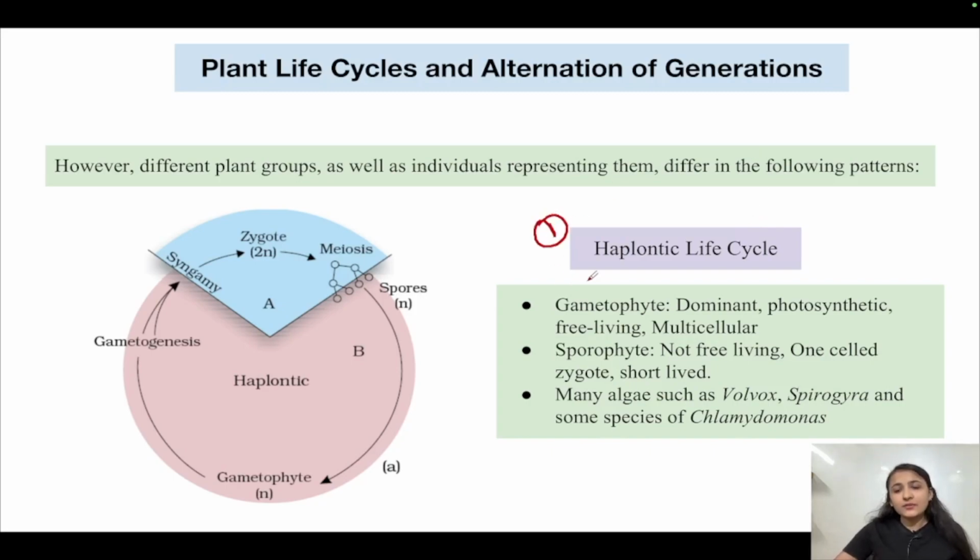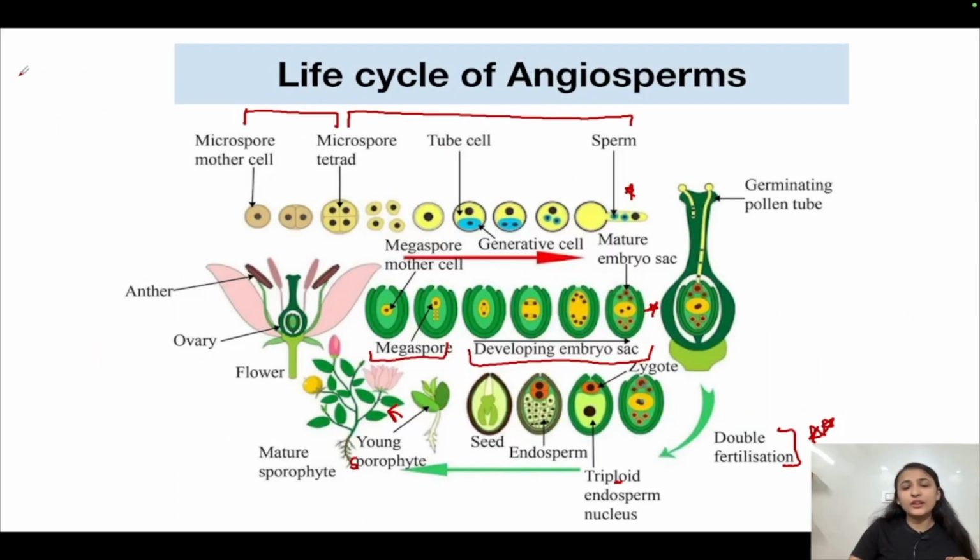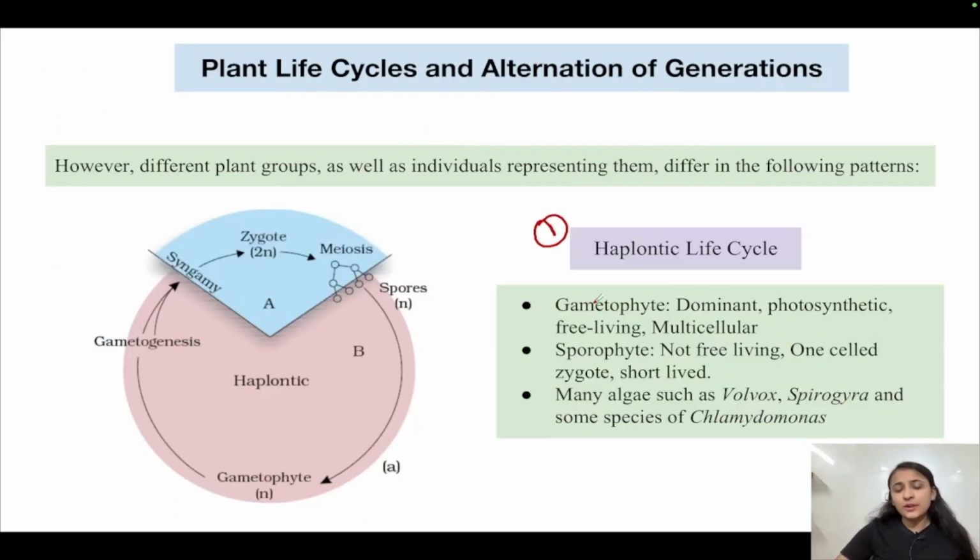The first pattern that we identified is the haplontic type of life cycle. In the haplontic type of life cycle, the gametophytic stage is the dominant stage and the sporophytic stage is the dependent or reduced stage. And where did we study this? In the Thallophyta group, right? There we saw that the gametophyte is the dominant stage and the sporophyte is the dependent stage.